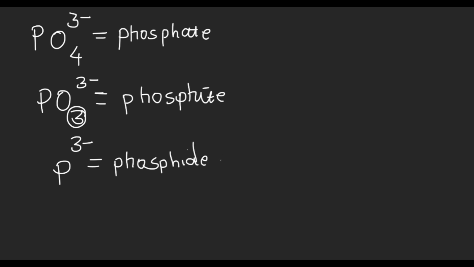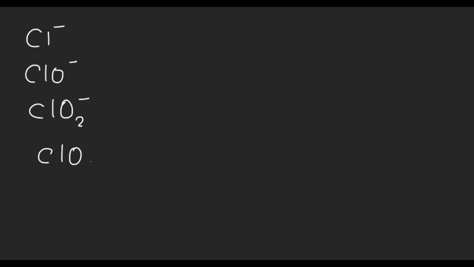Right, we move on to the fourth one. We have Cl minus, then we have ClO minus 1, ClO2 minus 1, ClO3 minus 1, ClO4 with minus 1.